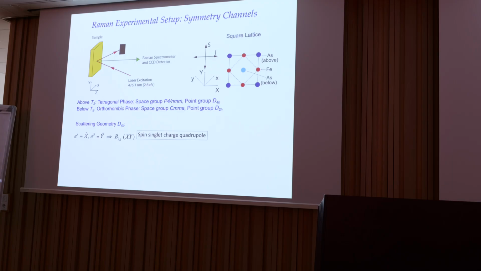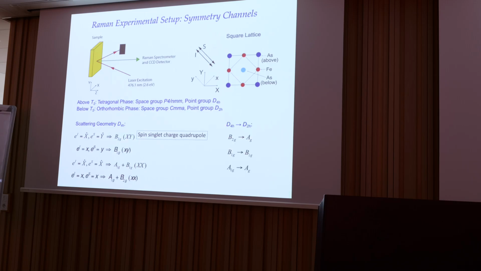And very quickly, what we can do in Raman, we employ polarization-resolved measurement where we can polarize the incoming and scattered photons relative to the lattice, and from that we can tell the symmetry of the excitations, and it turns out that this XZ, YZ fluctuation all appears in the B2G channel.